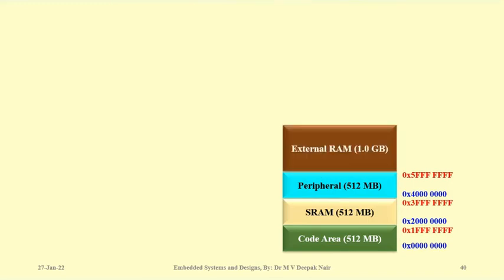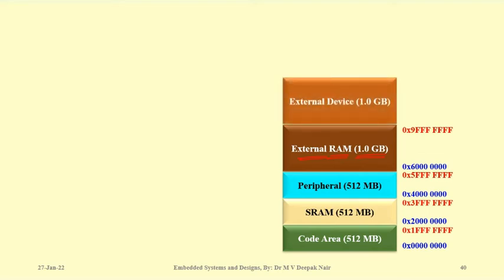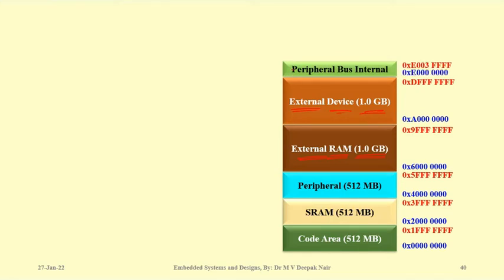Whether you take ARM Cortex M4 from TI or from STM or from any other company, this structure will always be the same. Now, after that, you have external RAM memory, which is 1 GB of memory. Apart from that, you have external device memory, which is again 1 GB of memory. Then you have the peripheral bus details of the addresses of the buses. Then you have the external peripheral bus, which is going to connect with the external devices.